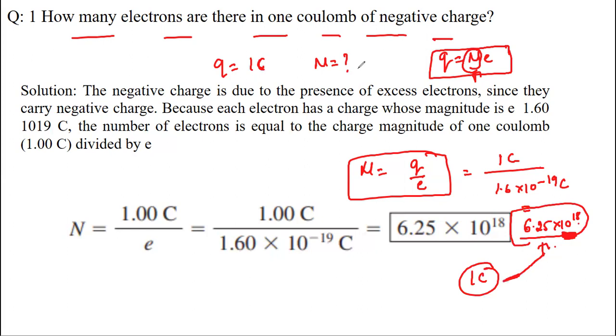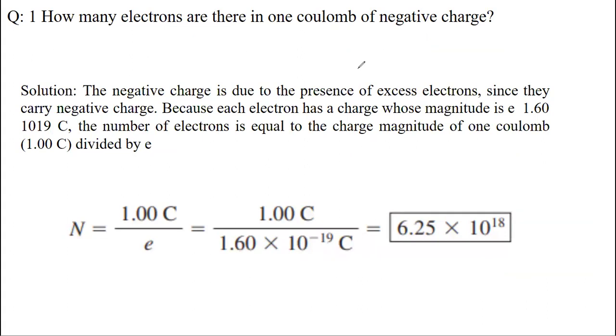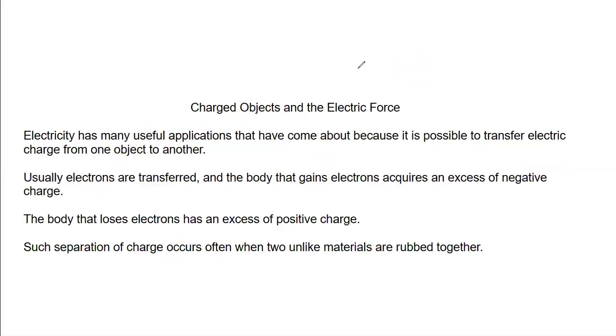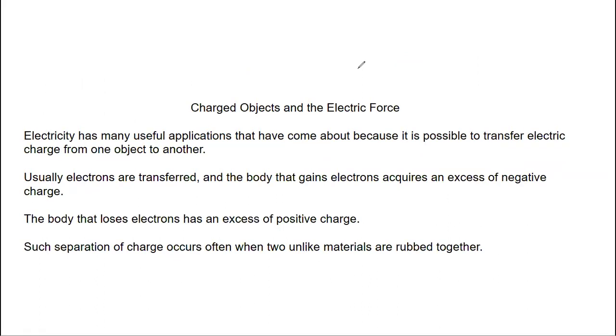Okay. Now moving on, what do we have? Charged objects and the electric force. Why are we studying all this? Because we want to charge objects and make more use of it, rather than just calculating the number of electrons being transferred. So how many electrons are there, or if you have the number of electrons, what would be the charge?